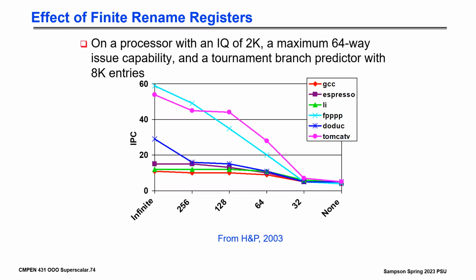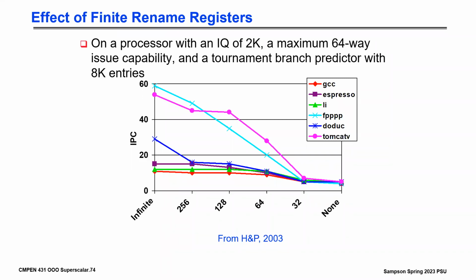8,000 entry tournament branch predictor, so reasonably aggressive, right? And for renaming, again, this is going to give you some sizing feedback on how big you should bother making your ROB, right? So you get, again, a lot of bang for your buck here. And indeed, modern ROBs are in the 256 plus range.